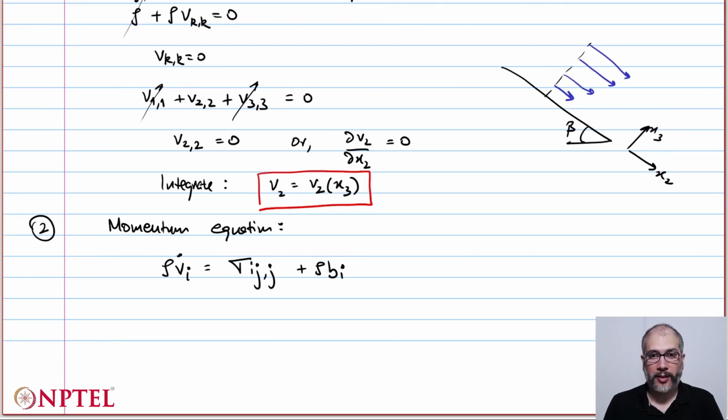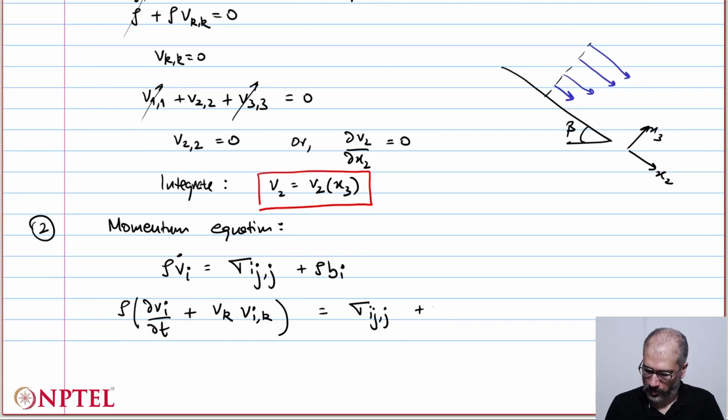Now the left hand side, I can expand this using the material derivative. So this becomes rho times del v_i upon del t plus v_k times v_i comma k, and the right hand side is sigma_ij comma j plus rho B_i.